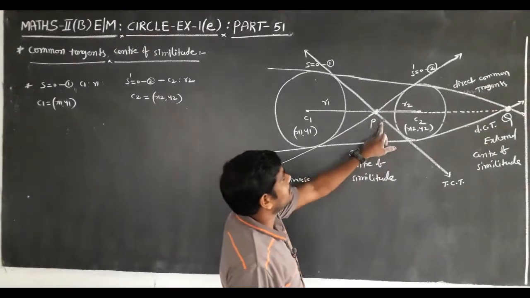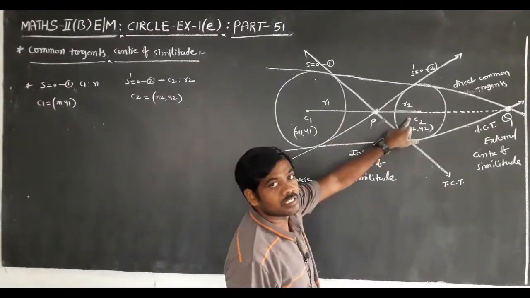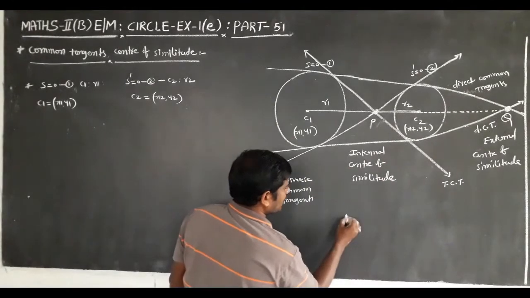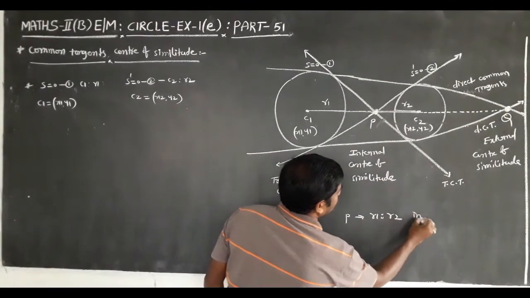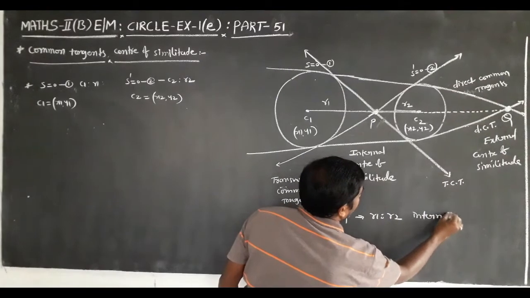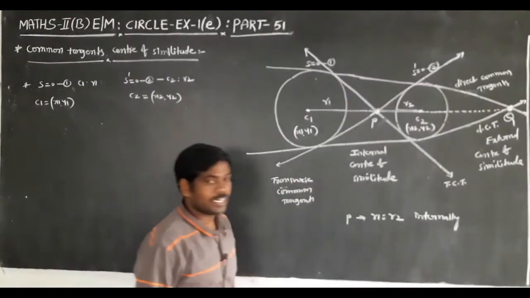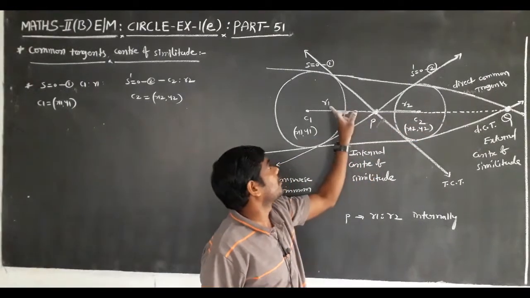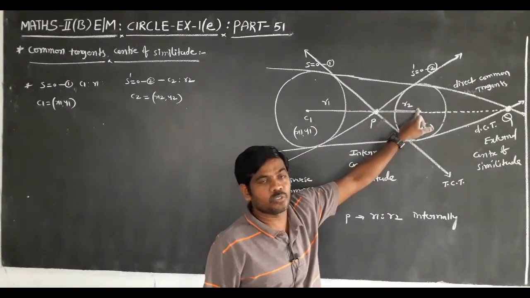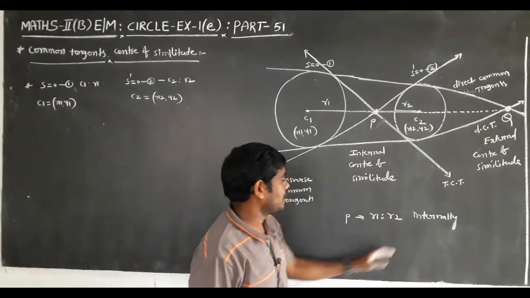P divides the line segment C1 C2 in the ratio R1 is to R2 internally.